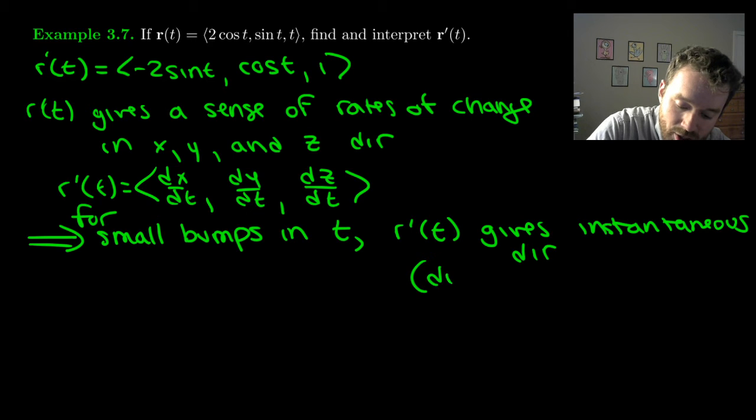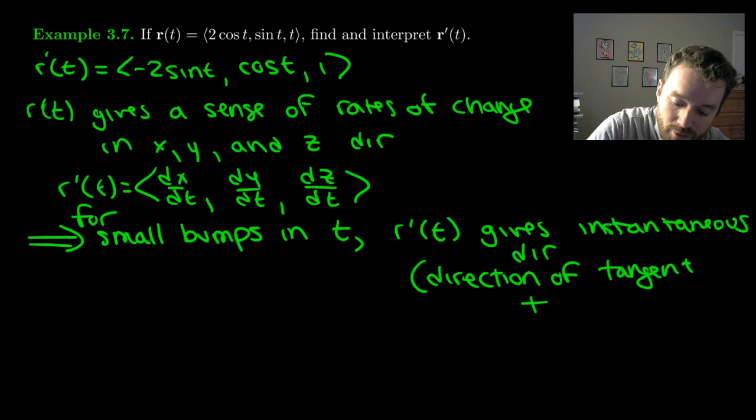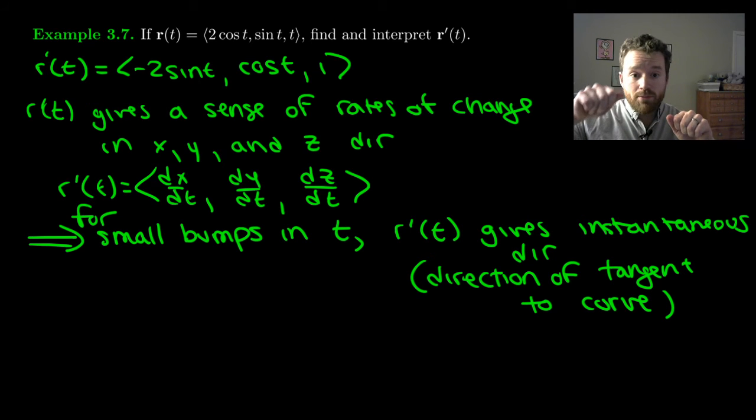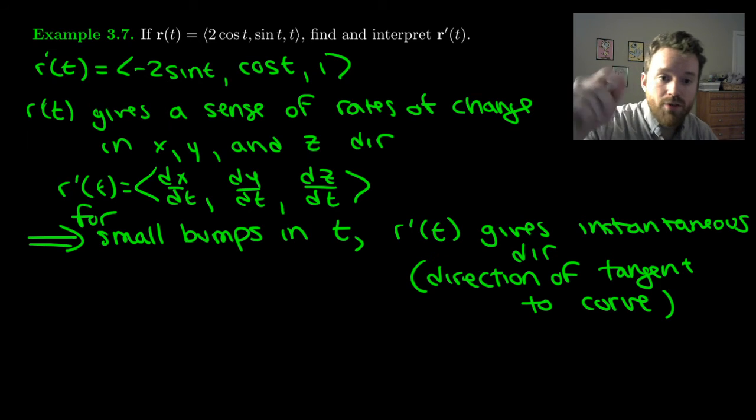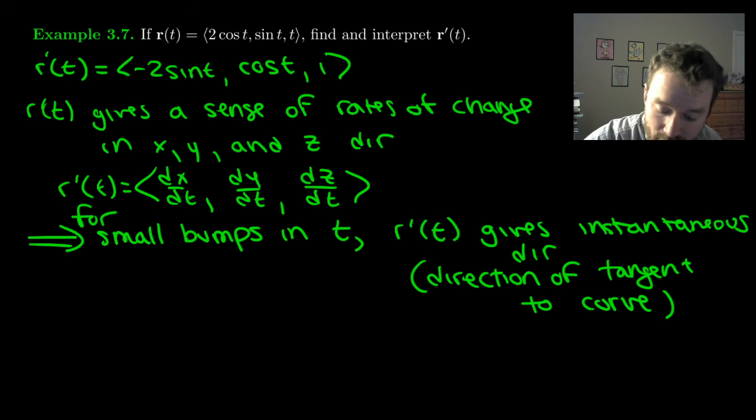In fact, it's the direction of the tangent to the curve. In other words, if my point was moving, r of t, I had some particle that was moving and its position could be given to me by r of t at any point t, then let's even just draw this.